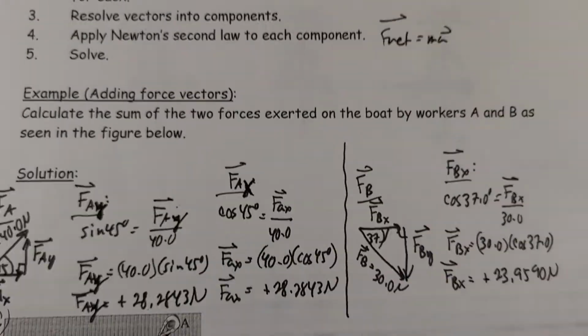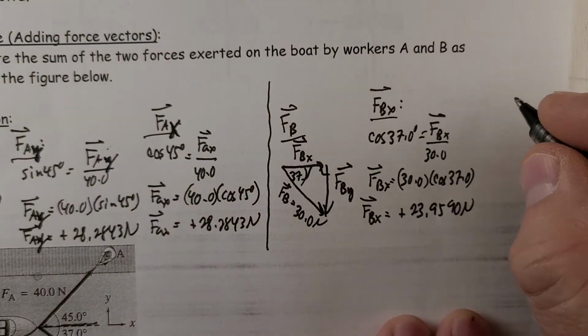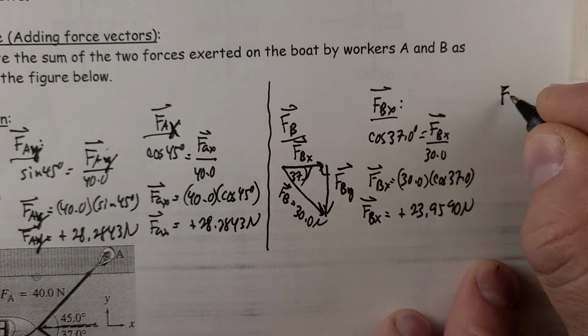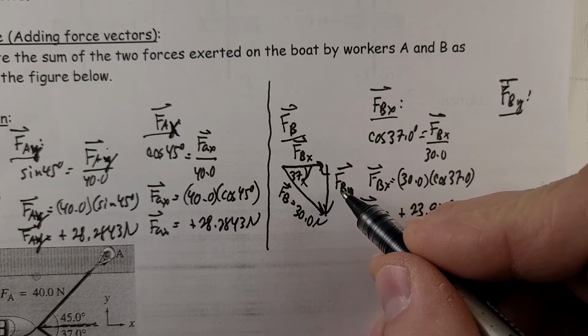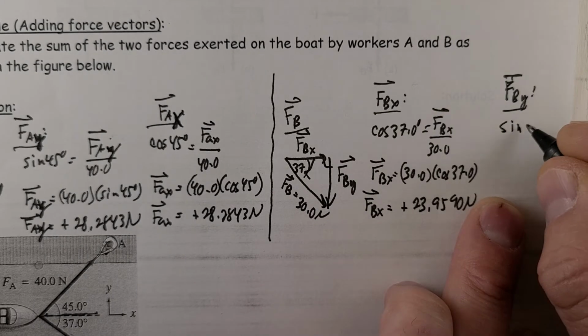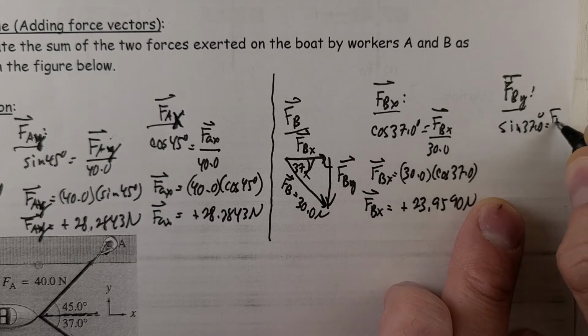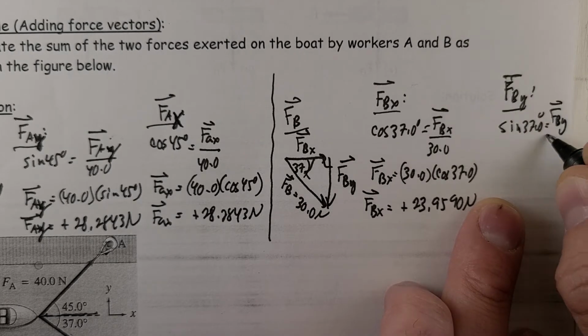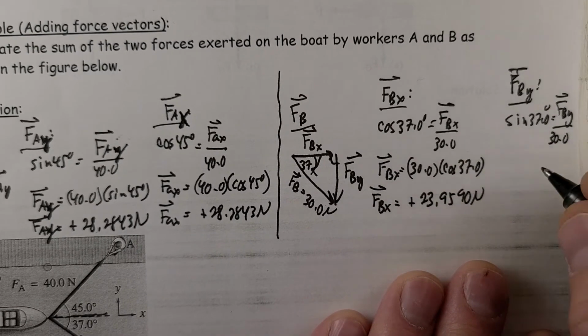Good. Now let's see if I can fit this on the edge here. So FB in the Y direction now. Of course that's the opposite side. Opposite deals with sine. So sine of 37 equals FBY over 30. Just squeezed it in on the piece of paper.